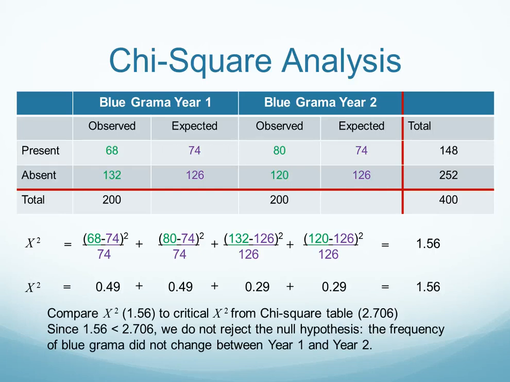We then compare our calculated chi-square statistic to a critical chi-square value from the chi-square table, which is 2.706. Since 1.56 is less than 2.706, we do not reject the null hypothesis. This means that the frequency of blue grama did not change between year 1 and year 2.